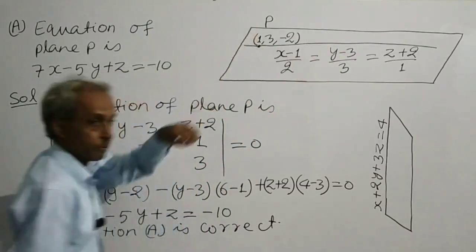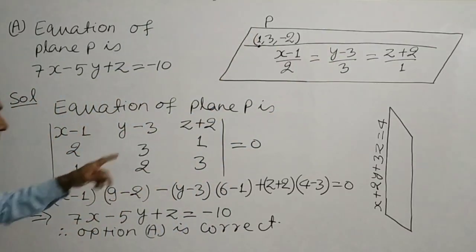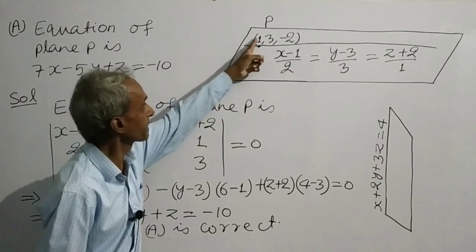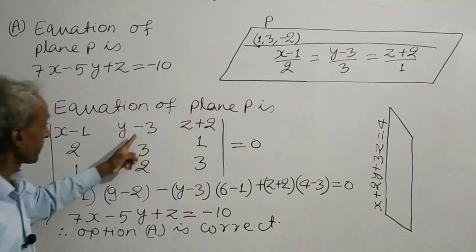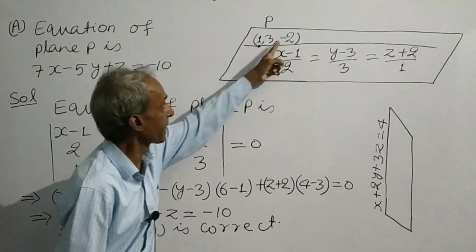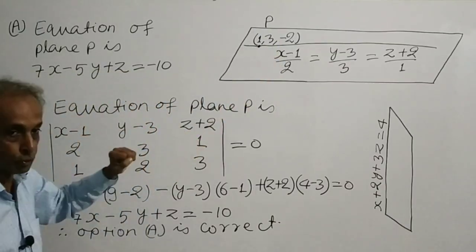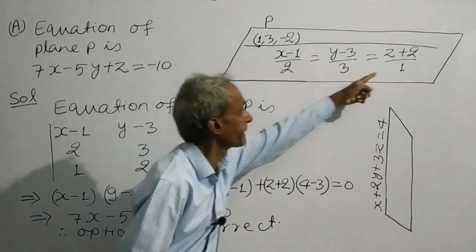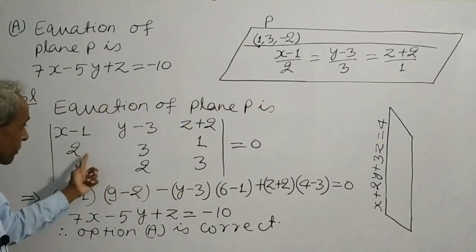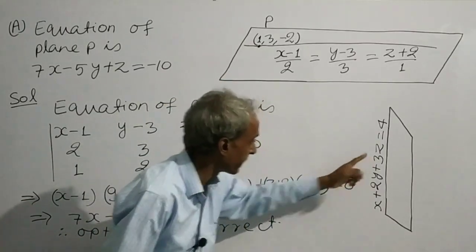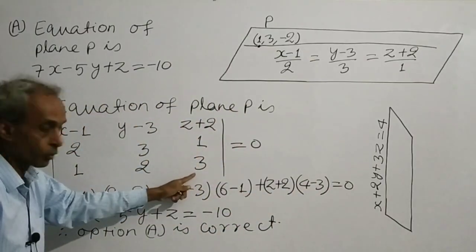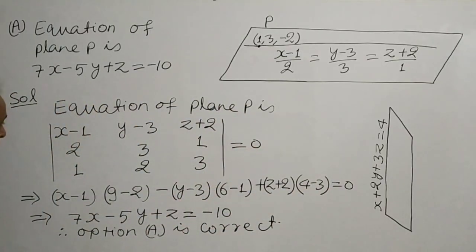The equation of P by using the formula will be the determinant with first row x minus 1, y minus 3, z plus 2, second row 2, 3, 1, and third row 1, 2, 3, equal to 0.